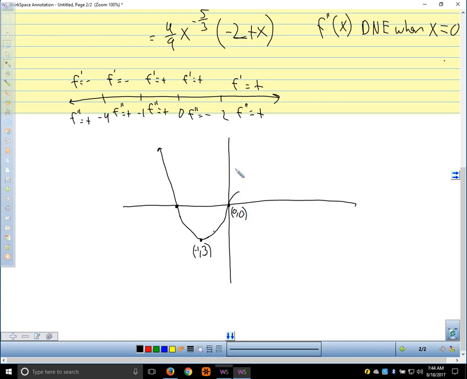And then at 2, we have another inflection point. So it kind of goes like this, and then up. And where it changes, let me make that a little better. There we go. Where it changes is the point, if we plugged our value in, 7.5.